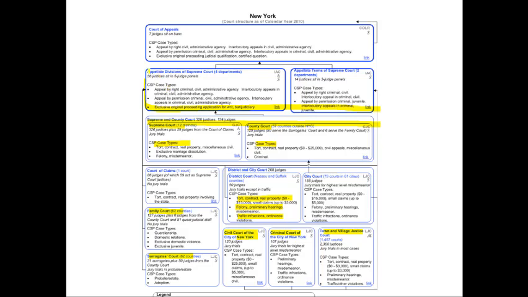New York has appellate divisions of Supreme Court, appellate terms of Supreme Court. And interestingly enough, New York's highest court is not called the state Supreme Court. It's actually called the New York Court of Appeals, but that is their highest court. Again, they also have 7 judges that sit en banc to decide their cases.